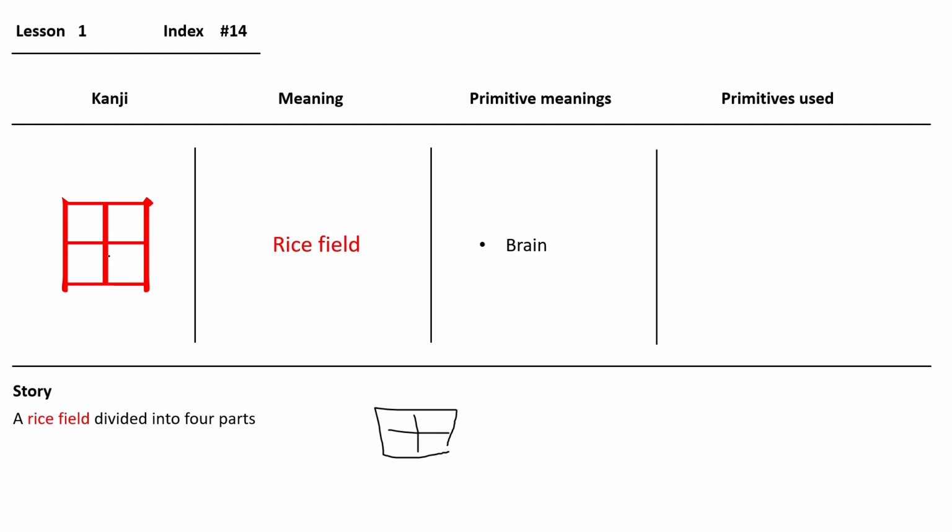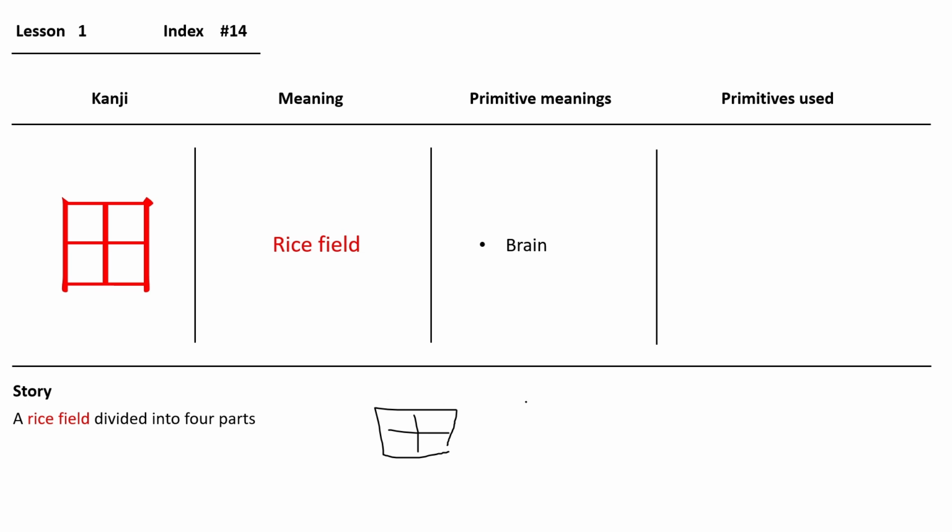Because if you know how Japanese rice fields look, then it really looks something like this. They are just big fields divided into groups where the rice is growing. So maybe you can try to find some picture of a Japanese rice field and you will see it looks similar to this. If not, just remember that it's a field divided into 4 parts, and it should help you to memorize this character.